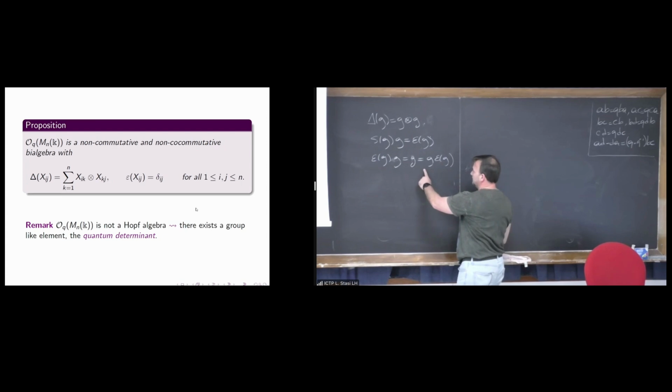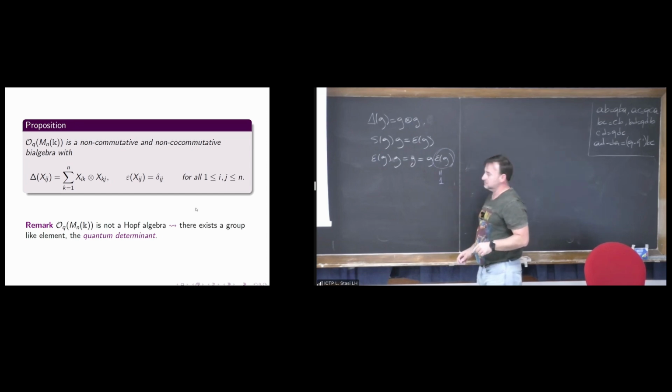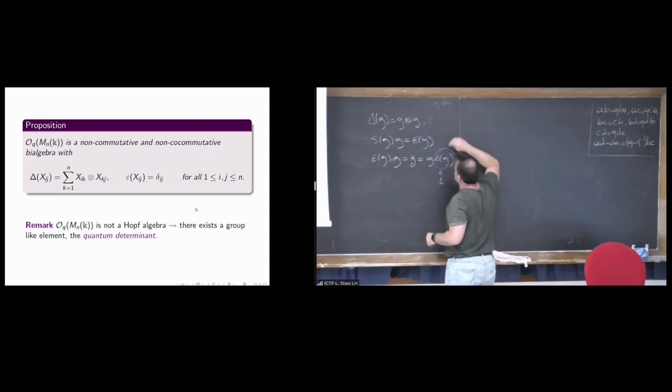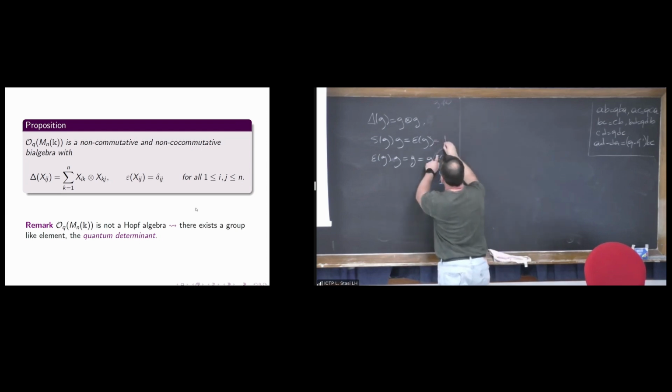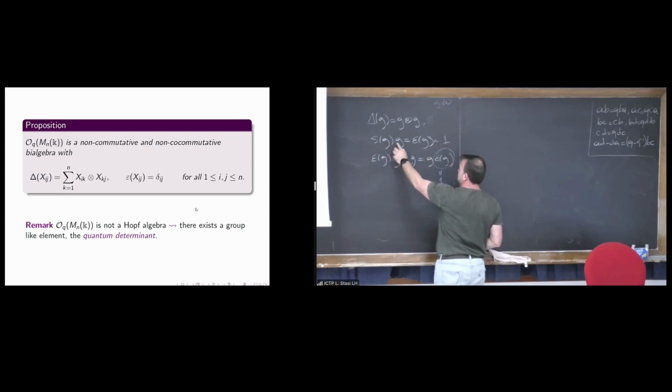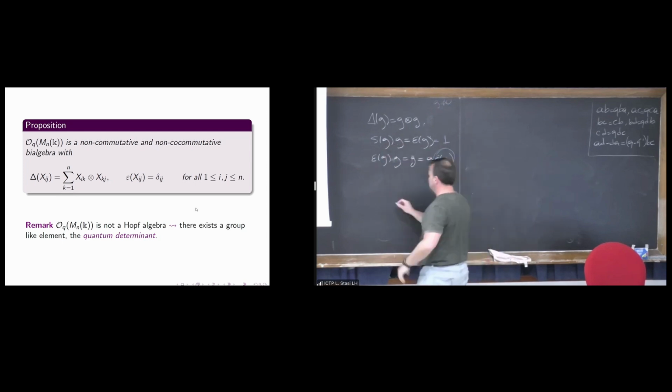From this equation, we see that in any group-like element, the co-multiplication should be 1. So the element is not 0, okay? If this is 1, this is 1. So S of G should be the inverse.